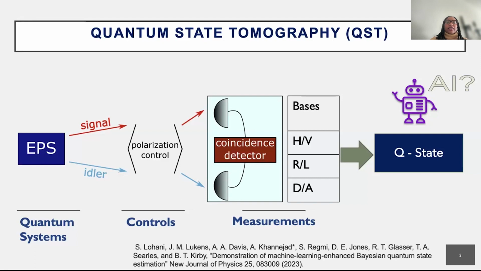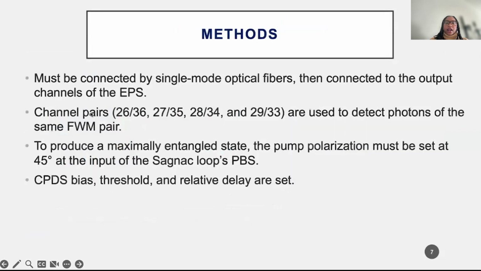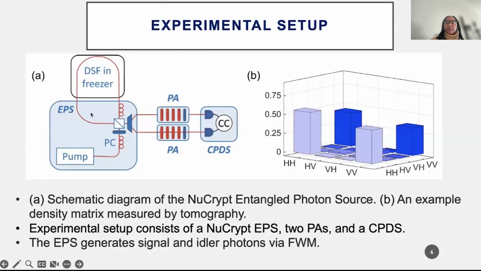However, like I said, each method has its trade-offs when it comes to quantum state tomography. These trade-offs include things such as long computation times and accuracy, and just the general assumptions that we make about the system. The different applications of quantum state tomography I'll talk about very shortly. But first, let's take a little look at our experimental setup.